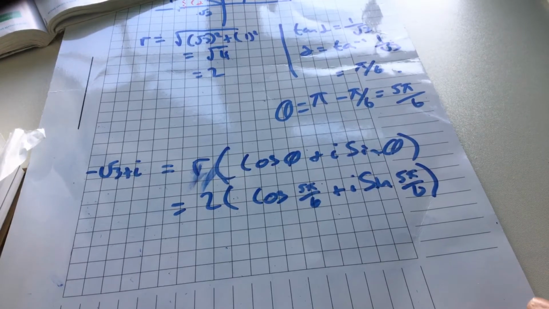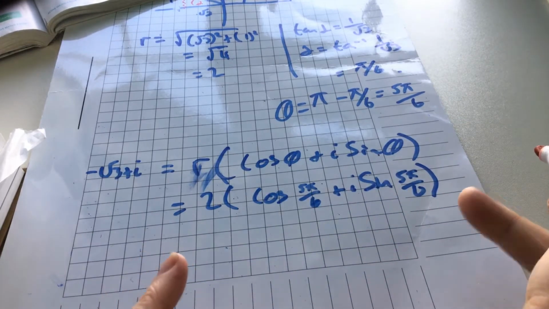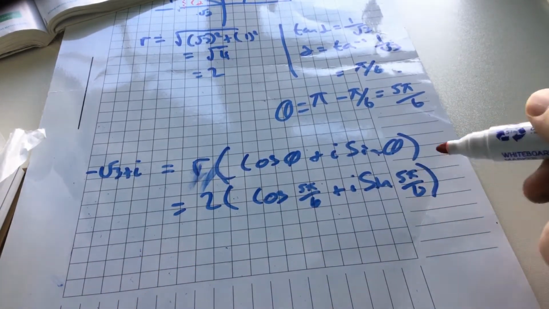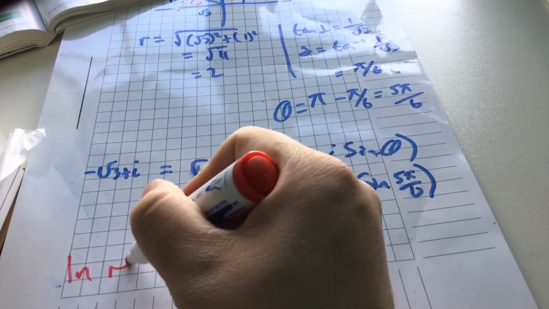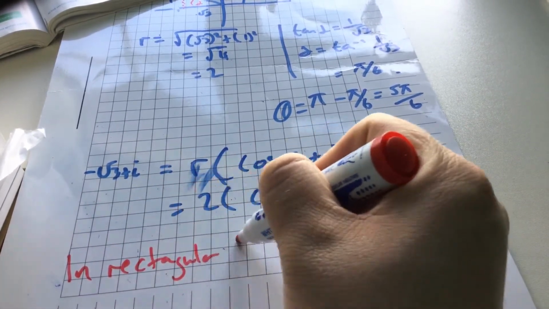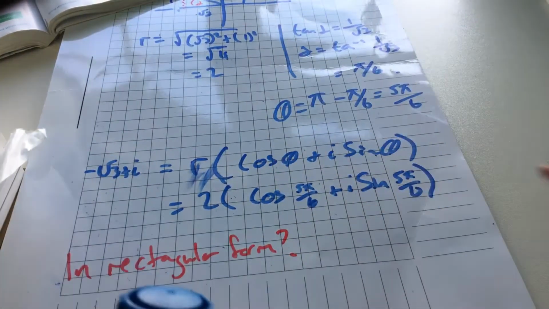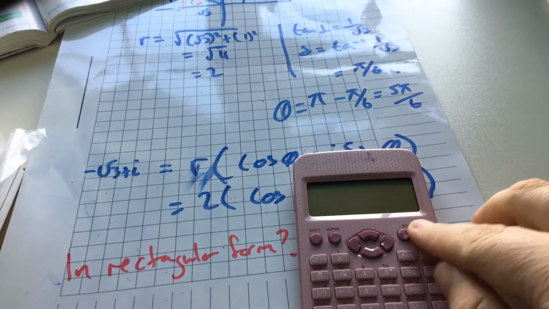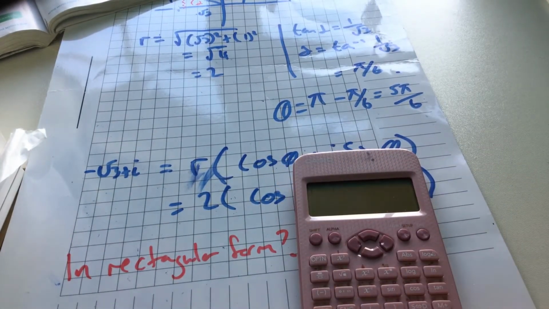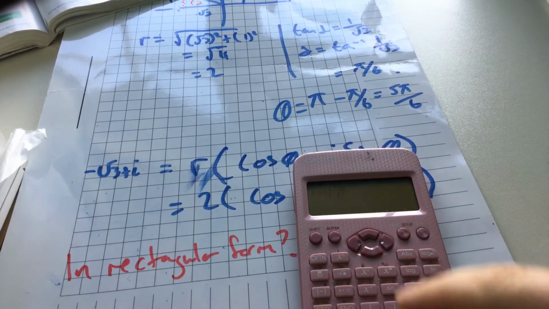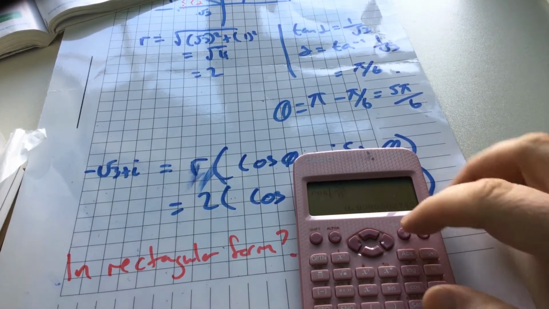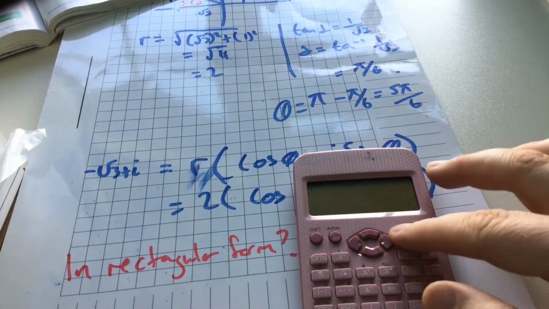Now let's say they ask you to put this polar form in rectangular form. How would you do that? Well, I know I should get this back to this. So I'm going to get my calculator and work out cosine 5 pi over 6. I need to put my calculator in radians.